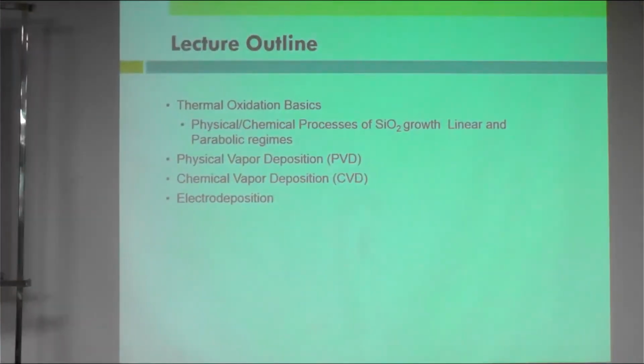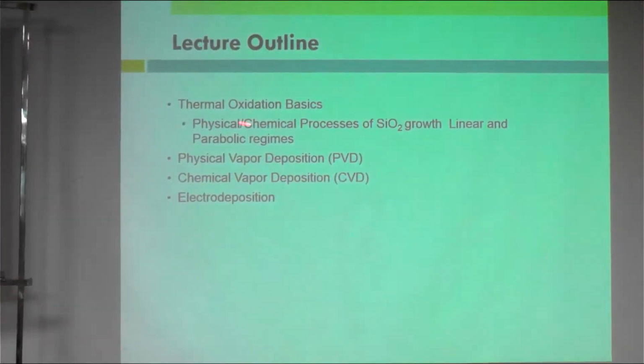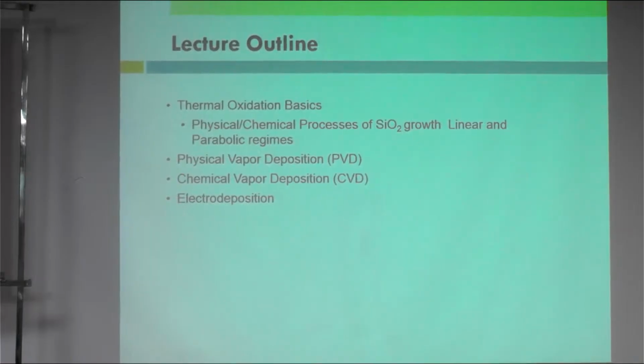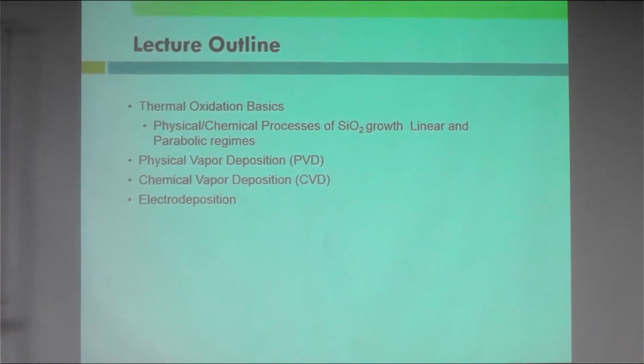What we're going to look at today is thermal oxidation, the basic process and some fundamentals, and physical vapor deposition, or PVD, which is very common in MEMS fabrication. Then we have chemical vapor deposition. What is it all about? Then finally, we look into electro deposition. These are the processes which are quite common in MEMS fabrication or microfabrication.